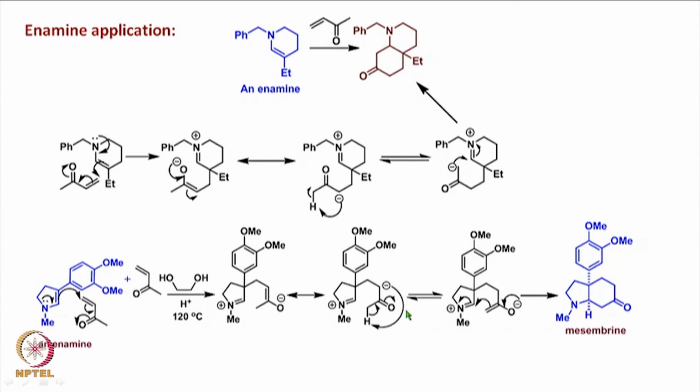However, we know that there are some problems associated with the enamine chemistry, and thus there should be some other way of addressing these issues. So, from that angle we will look at the other aspects of CC bond formation, what are the further developments that have taken place, and eventually the aim is to make sure that we get optically pure CC bond formation, because that is also very important.